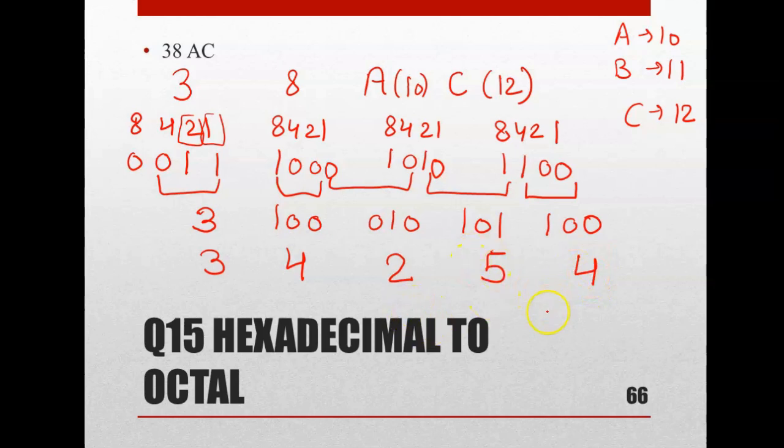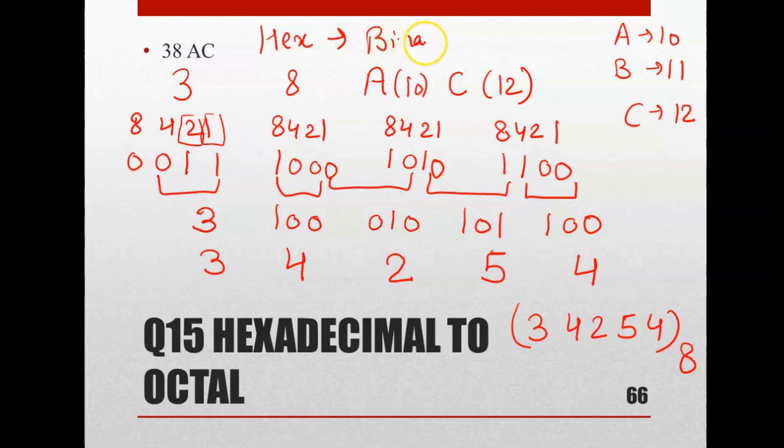When you write them together, it is 3 4 2 5 4 in octal. Again I am repeating how to do it: the hexadecimal is first converted into binary, and then binary is converted into octal by pairing with 3. Binary is the pairing of 4 bits and octal is the pairing of 3 digits.